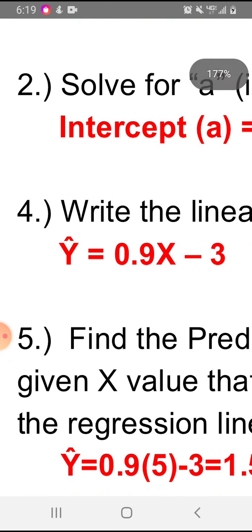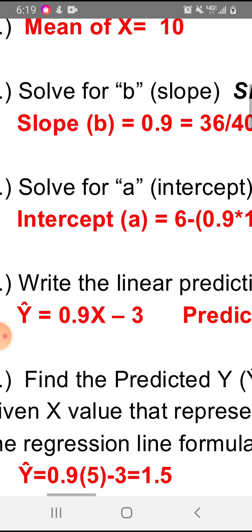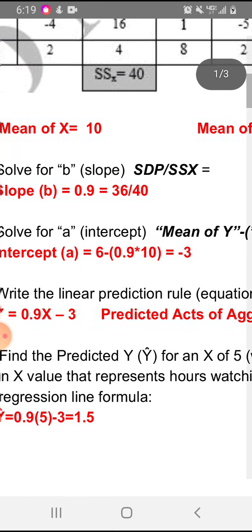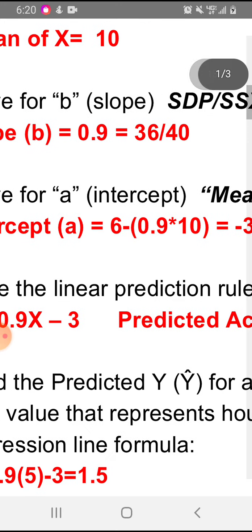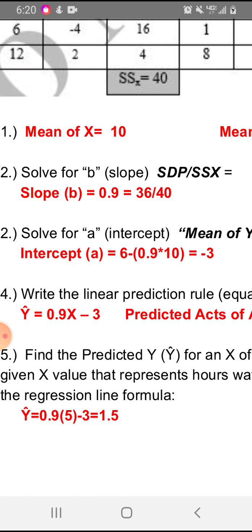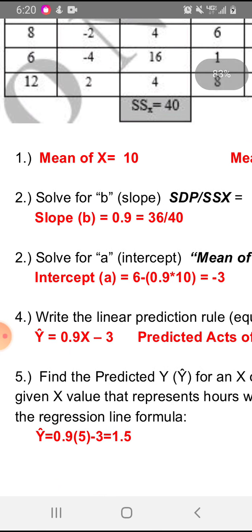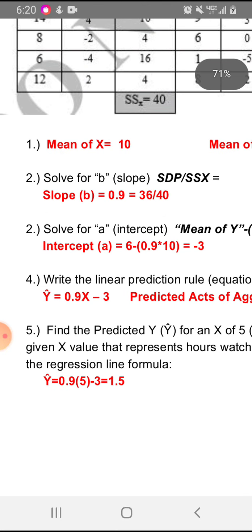So the formula is y hat equals bx plus a, but our a, also known as our intercept, was a negative 3. So when a negative and positive are next to each other, it turns negative. So another way to look at it is whatever you get for a, whether it's negative or positive, goes after you put bx. So in this case, it's 0.9x minus 3. Now you have your prediction formula.